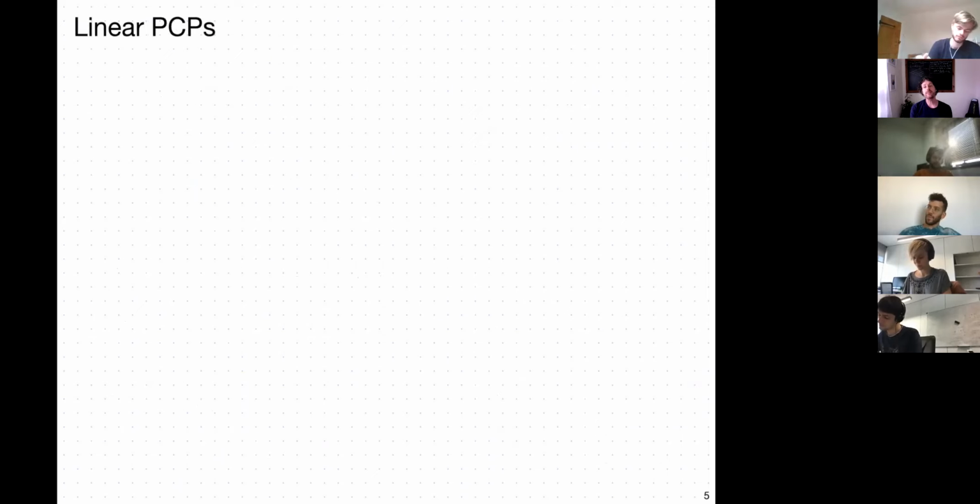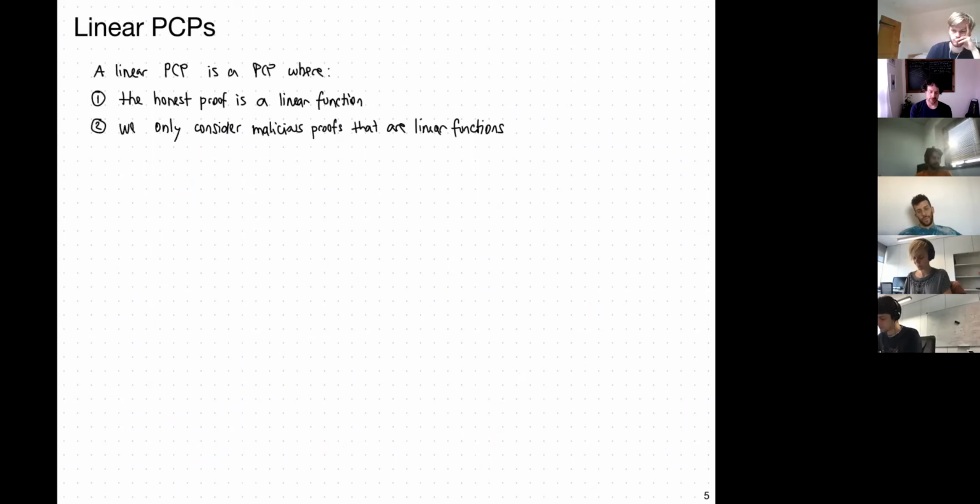Okay, so that's the Hadamard code, and it naturally leads to this notion of a linear PCP. And what would be a linear PCP? Essentially, it's a PCP in which we are guaranteed that the proof is a linear function. The proof is a Hadamard code word. So we'll have two conditions. One is that the honest proof is indeed a linear function.